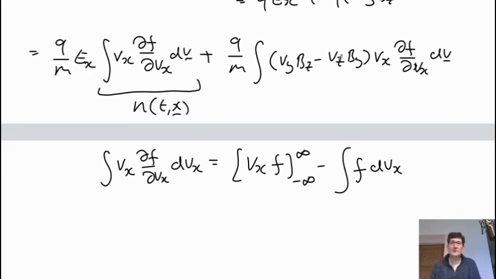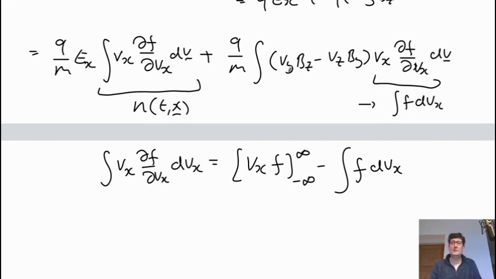We can do the same trick here. So with the vy's and vz's, none of this depends on vx, and so we first integrate this part with vx, and we end up with the same thing: the integral of this dvx becomes the integral of f dvx.